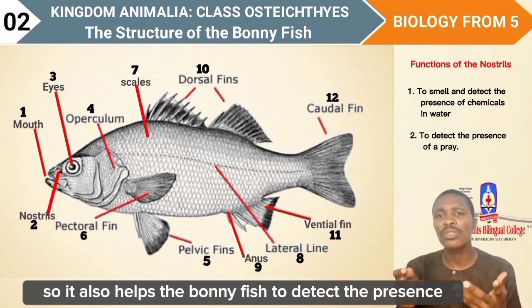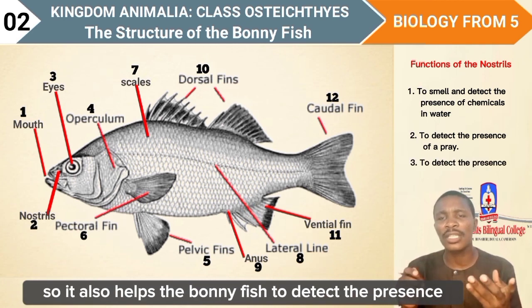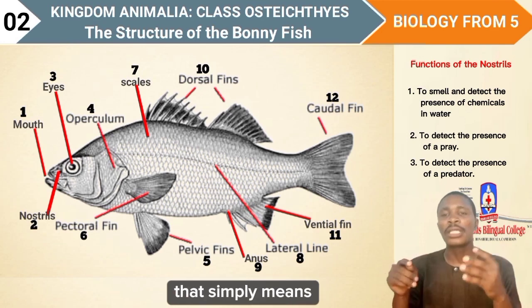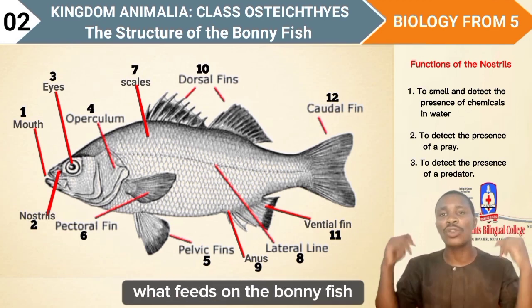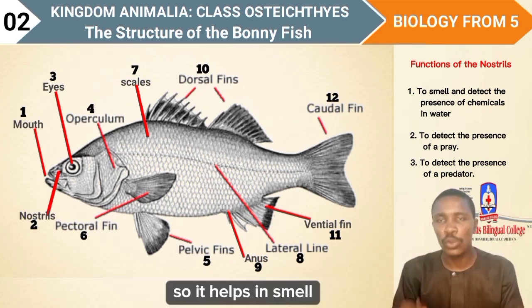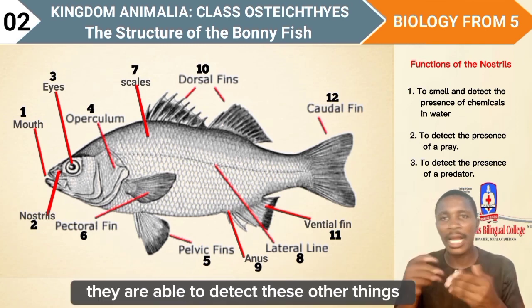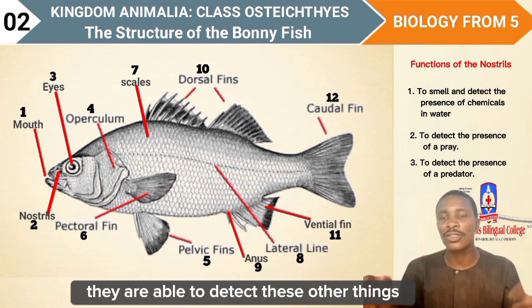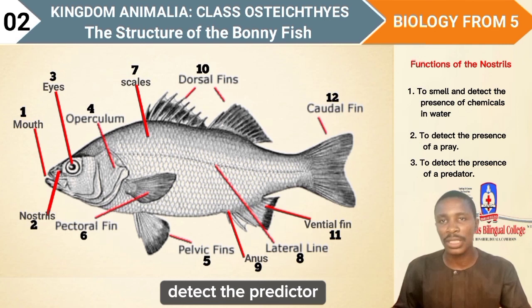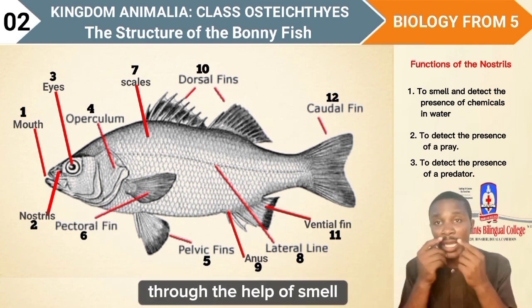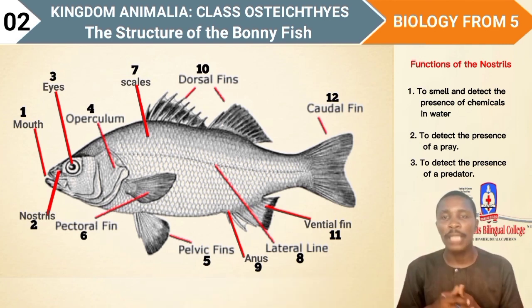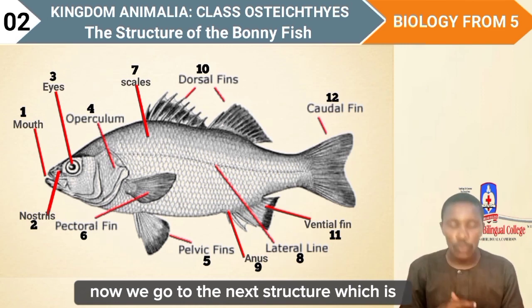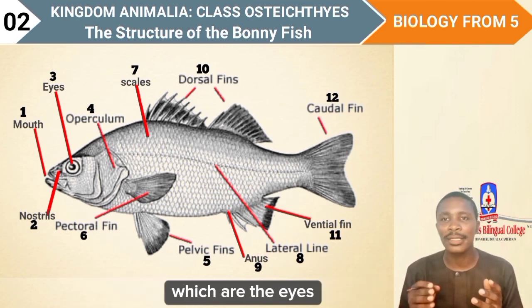So it also helps the bony fish to detect the presence of a predator. That simply means what feeds on the bony fish. So it helps in smell. They are able to detect the chemicals, detect the predator, detect the prey through the help of smell.